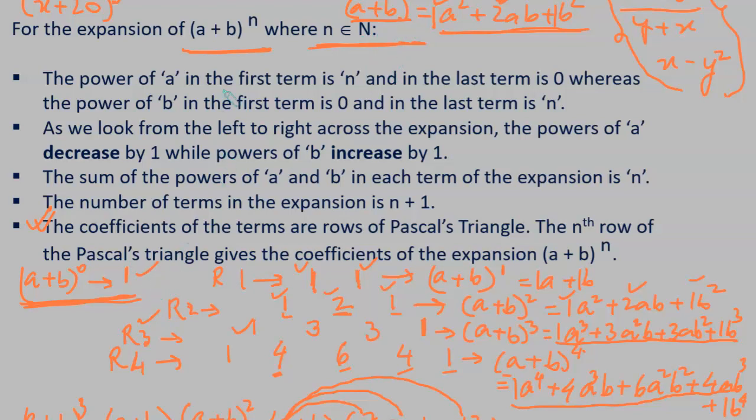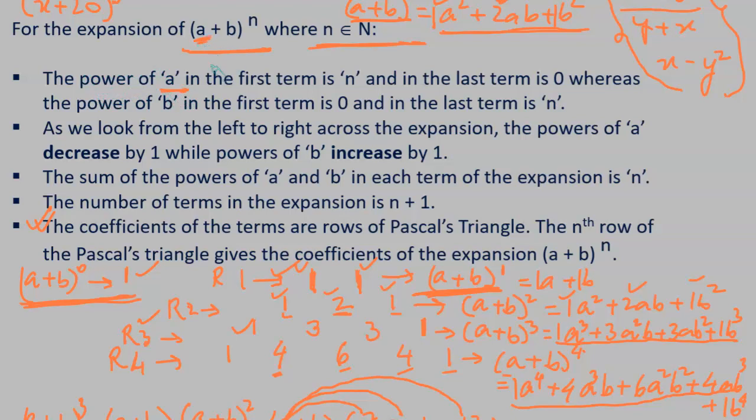Okay. But since I have taken n belongs to the set of natural numbers or positive integers, I have started with this as the first row, which is 1 and 1, which is a plus b raised to the power of 1. Okay. So, what will be the expansion? The first point says the power of a. A is what?